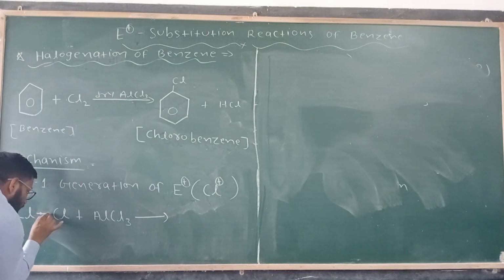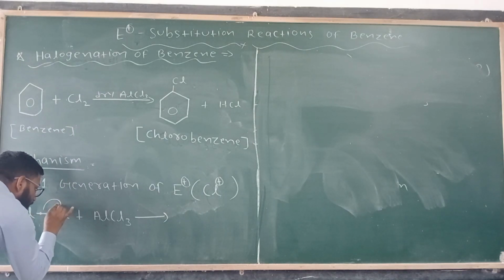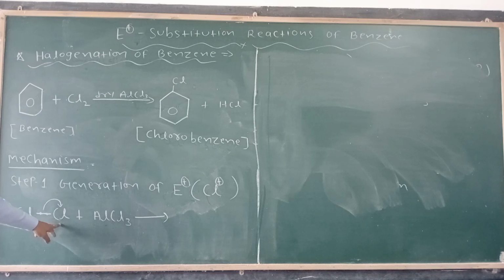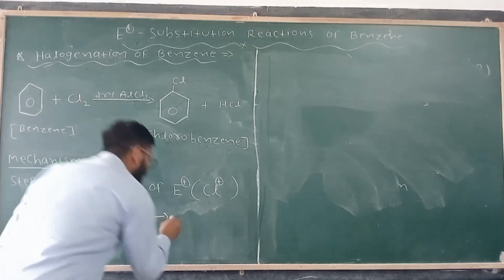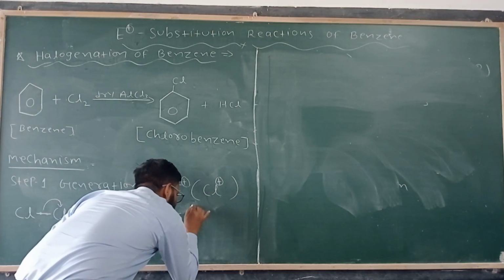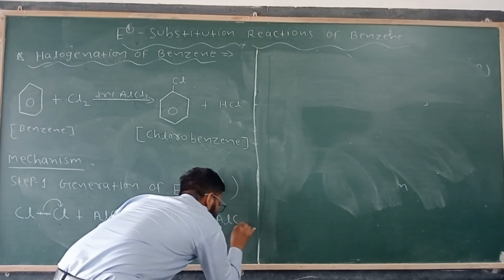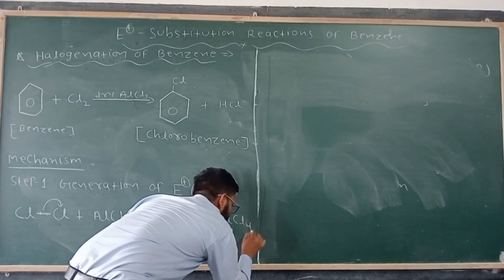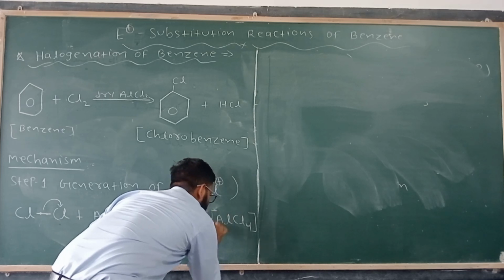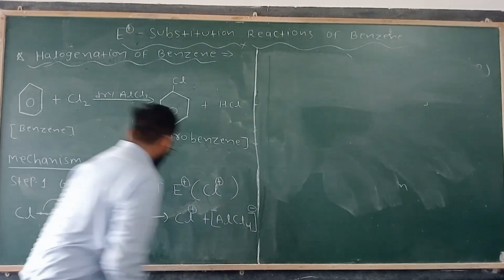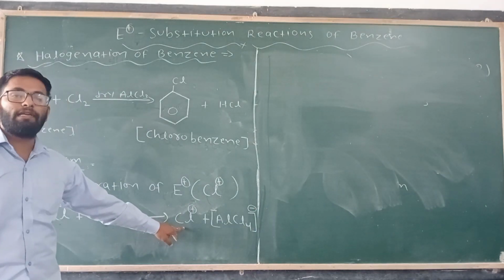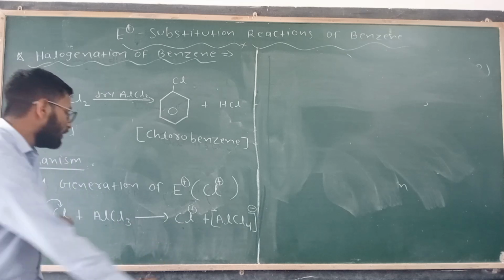So, two electrons of the bond shift towards the chlorine atom and we get Cl plus and AlCl4 minus. Now this is our electrophile, the chloronium ion.